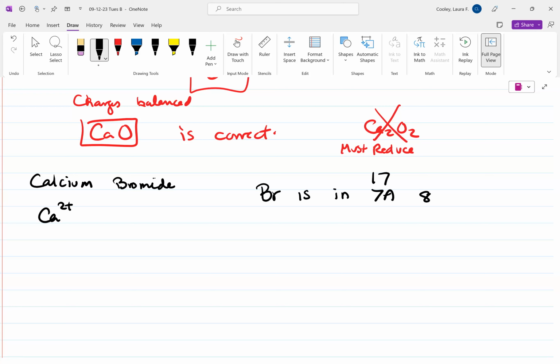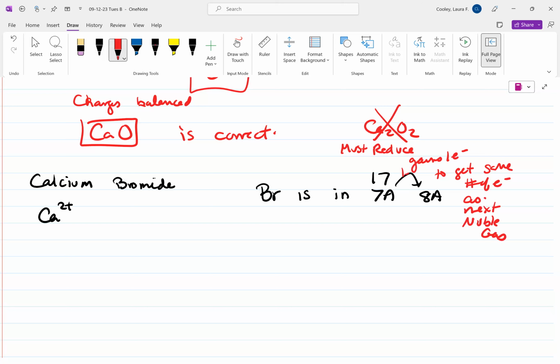It's right next to 8A, so it'd have to gain 1 electron to get the same number of electrons as the next noble gas. So it just gains the 1 electron. So bromine would be Br minus. Now you have calcium +2, bromide -1. Clearly you need to have 2 of these, because that would give you -2, which would cancel.